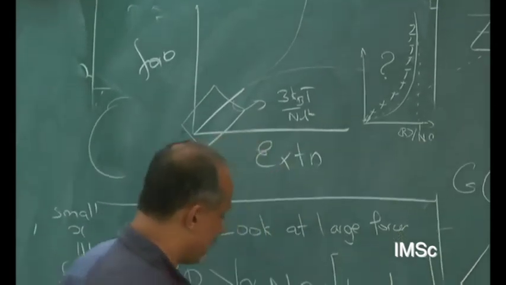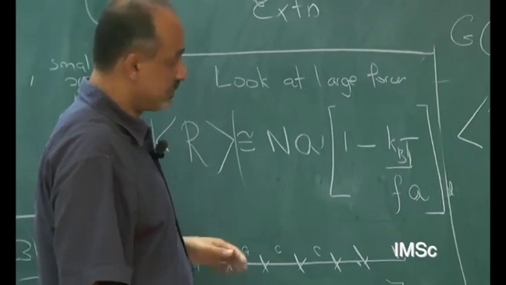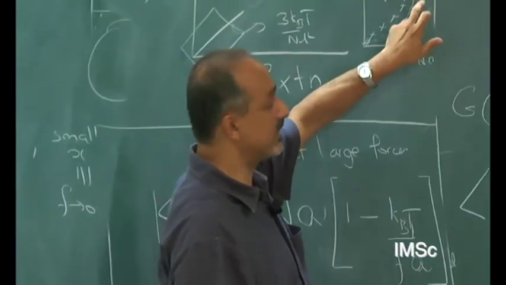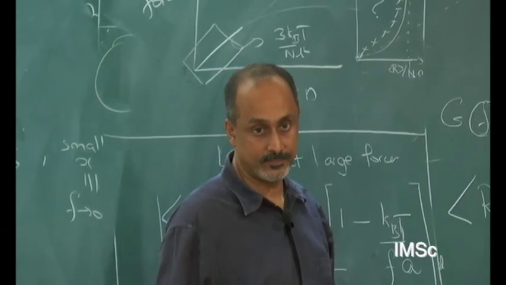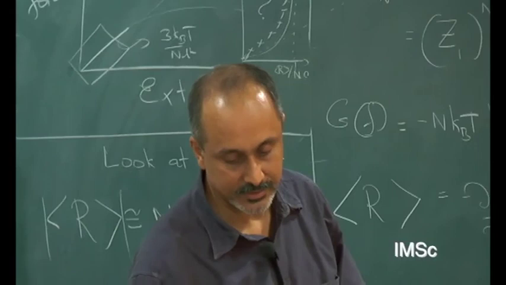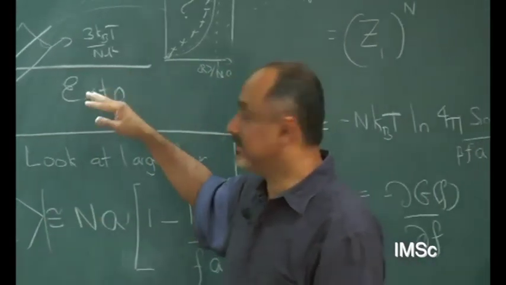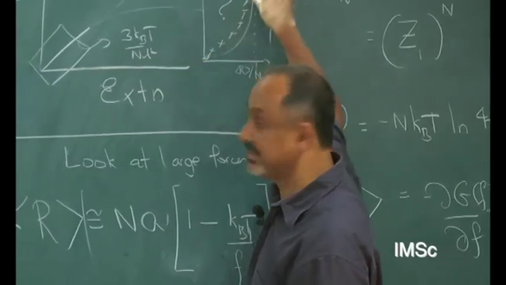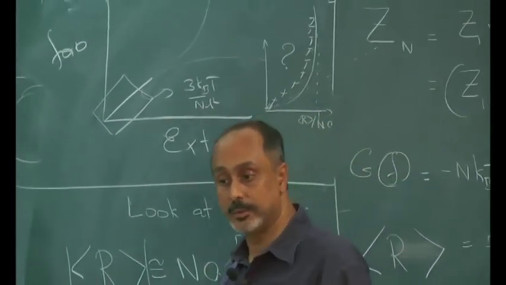What that means is that the polymer is now fully stretched and it cannot be stretched anymore. So the force required to stretch it up to that maximal stretching is infinite. So that is our second model for polymers, and with that we can understand some of this data, at least understand why this data should behave like this, but we still don't understand it in detail. And that is what we will do the next time.